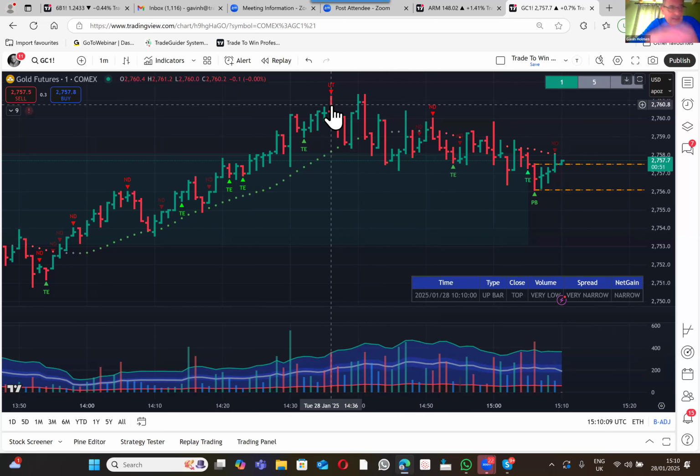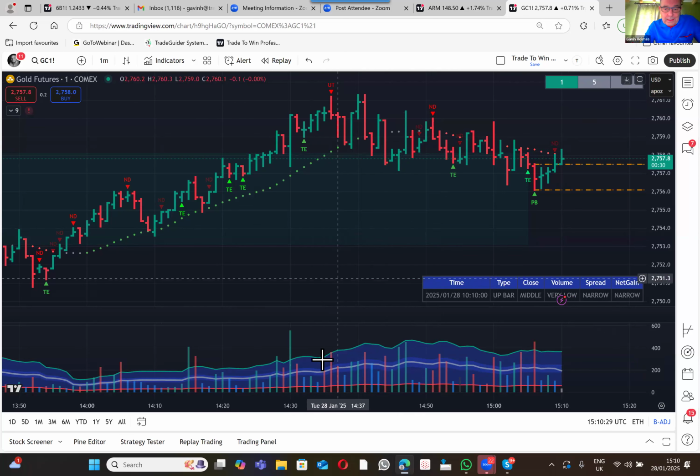Now, I'm going to discuss this with Tiru because when we combine the two methodologies, which we do, we'll add SMI on here. We can do that. It'll probably show a top right there. But I want you to look at the volume.